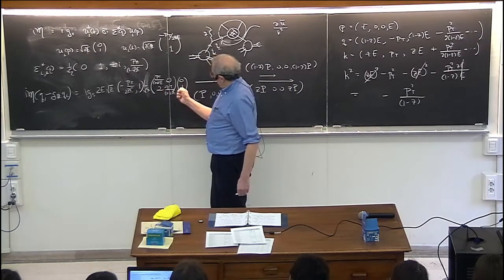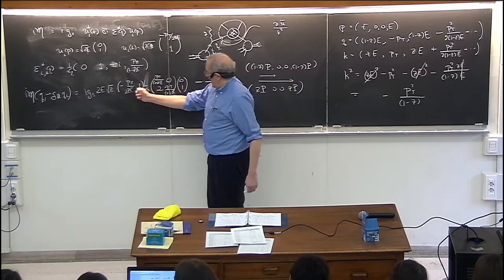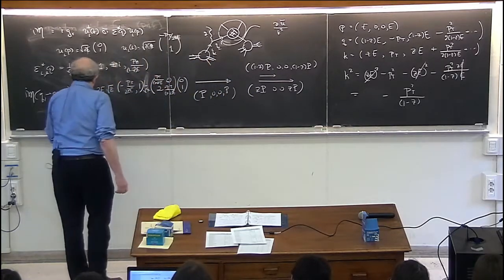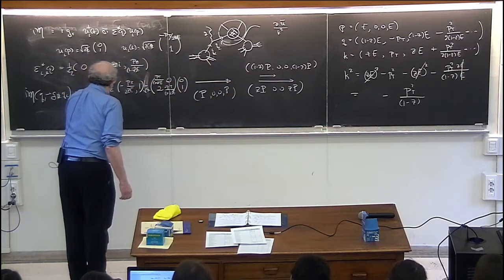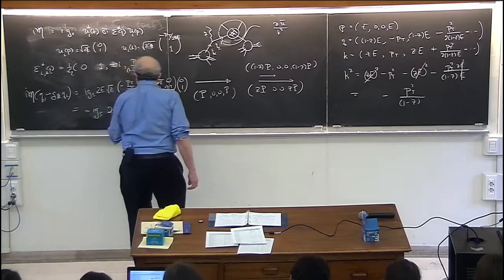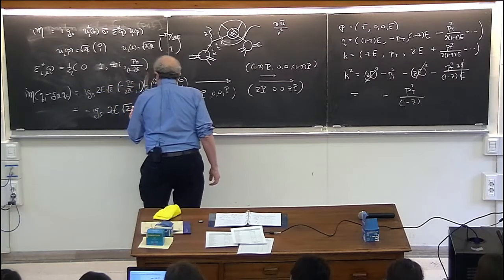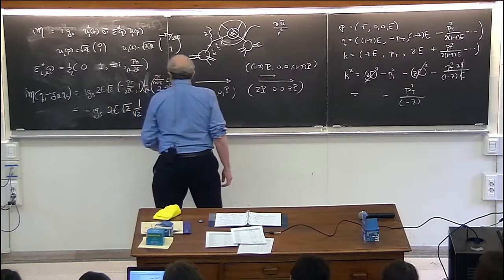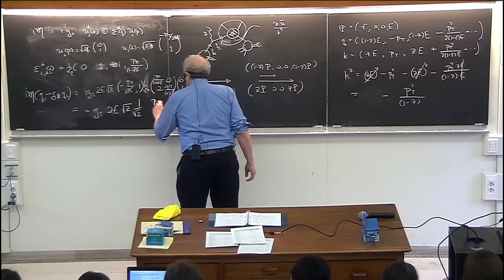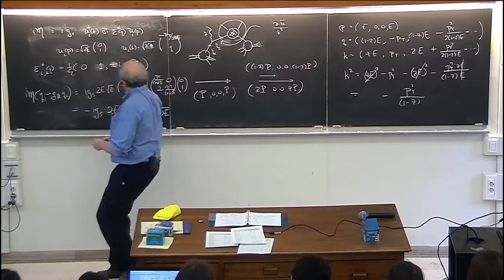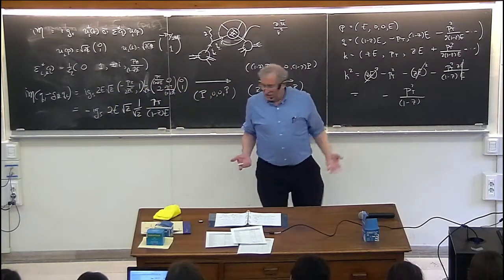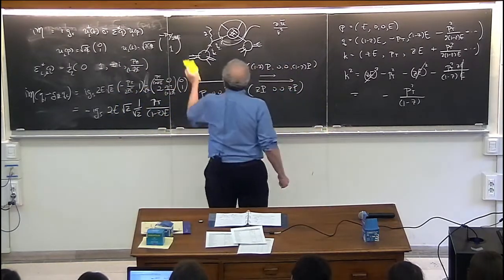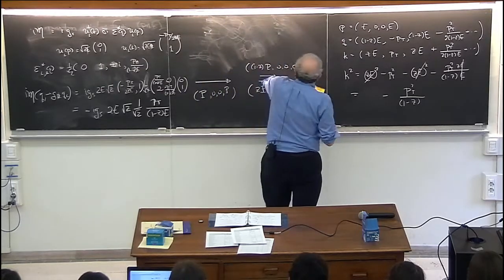The only contribution that matters is that times that, which is going to give us minus I G sub s, 2e, so the square root of z, 1 over the square root of 2, pt over 1 minus z times z. And so that's extremely simple. And frankly, it isn't going to get much harder in the rest of this computation.